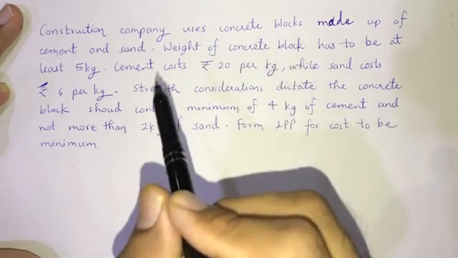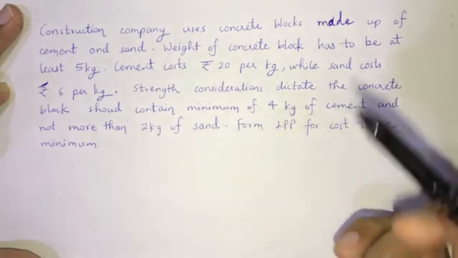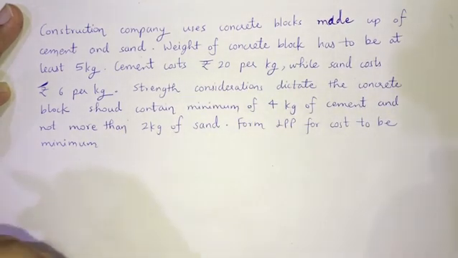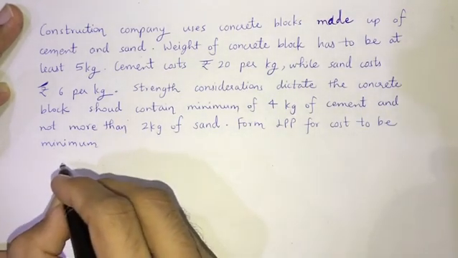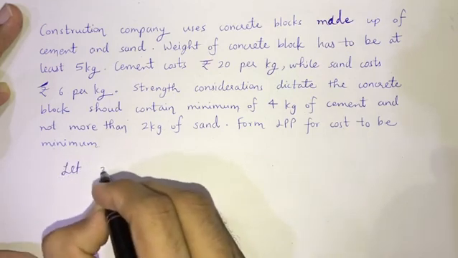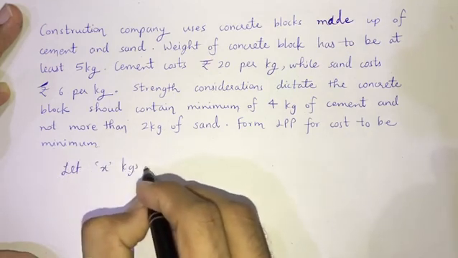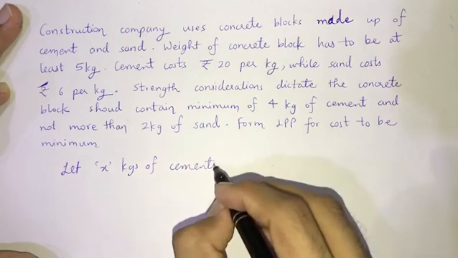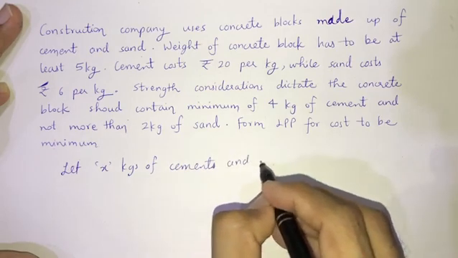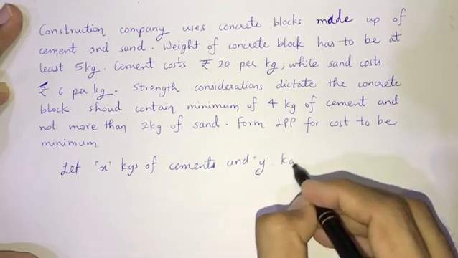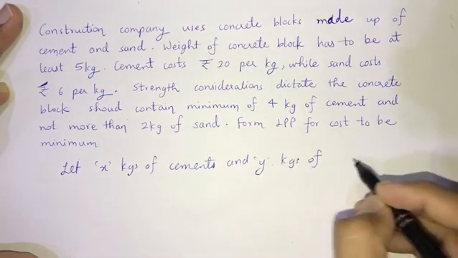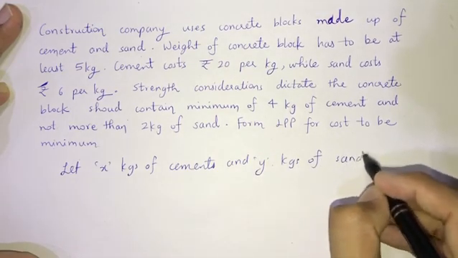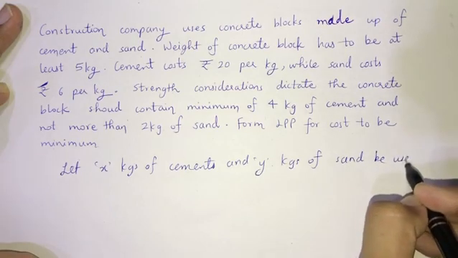So what will be our decision variables? Cement and sand. So let x kgs of cement and y kgs of sand be used.